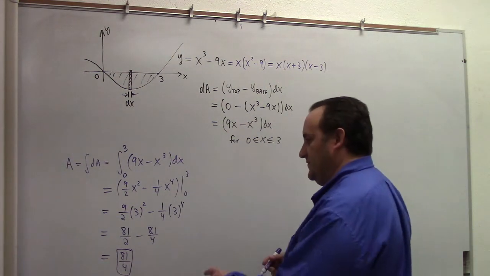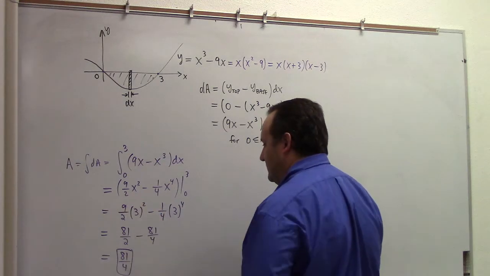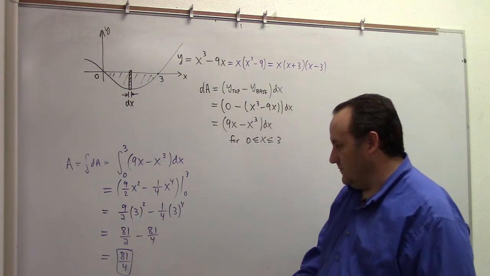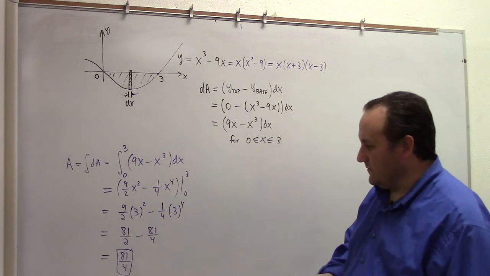See, 3 times 3 is 9, 9 times 9 is 81, and half minus a quarter is a quarter.